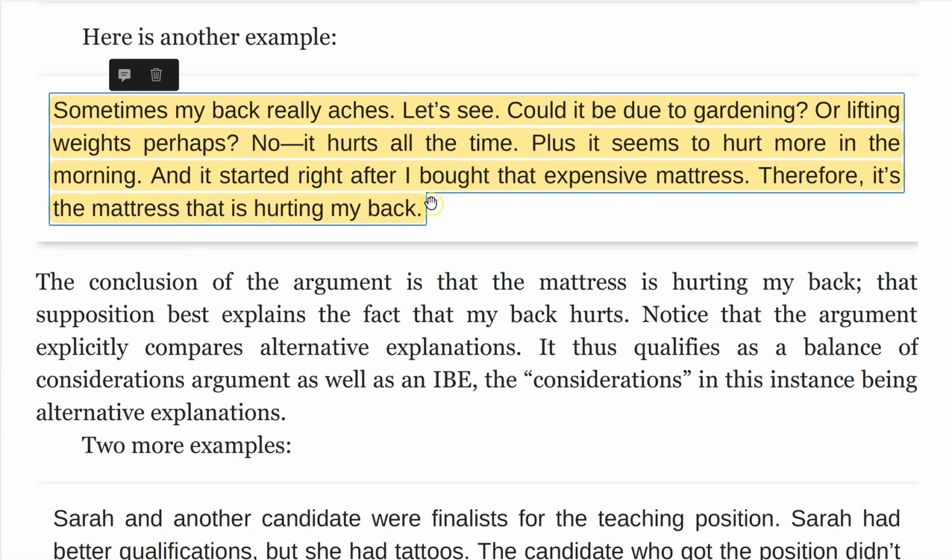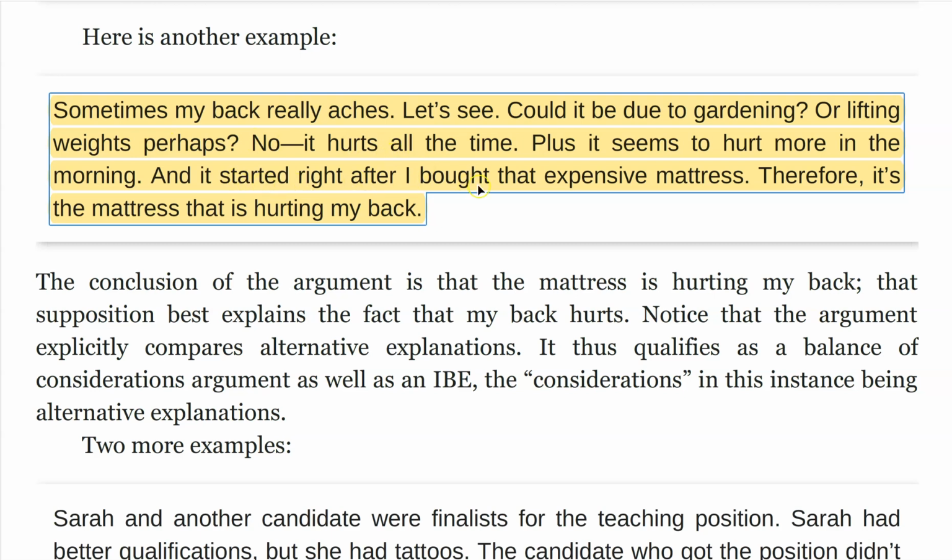So we can really see in this example, I didn't have to go to that dark place with the other one, I could have just used this one. We can really see in this example why it's called inference to the best explanation. Because these are, in fact, possible explanations. You know, maybe somebody pinched a nerve doing these things and it continues hurting even when they're not gardening or lifting weights, right?